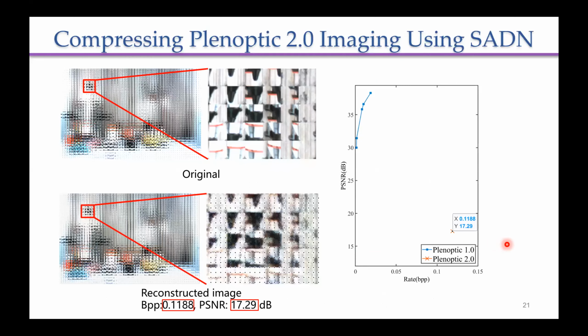We wish to extend it to 2.0, and we tested on the 2.0 images. The 2.0 performance is 1 point, it's just here, much lower than that on 1.0. So it means there are quite some differences between these 2 types of images.